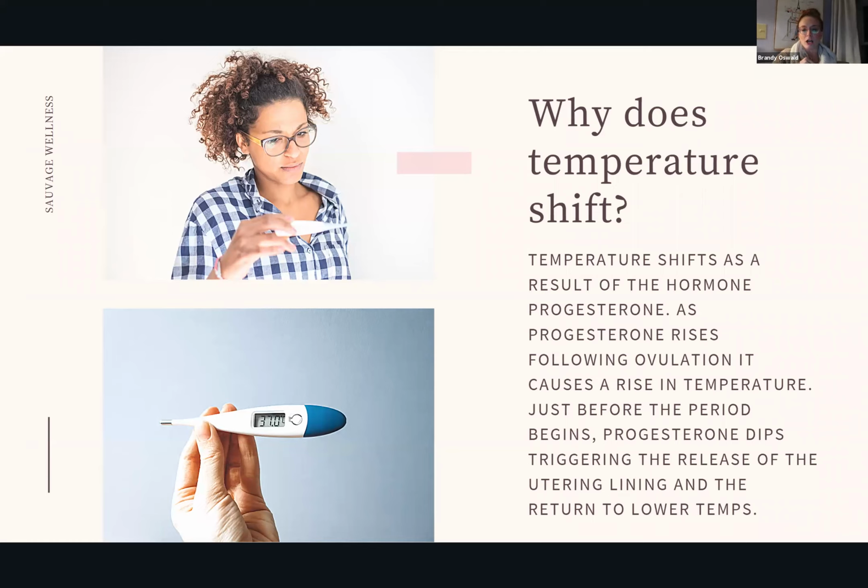And just before your period begins, progesterone starts to dip back down, triggering the release of your uterine lining. And that triggers the return to those lower temps that we see in the beginning of the cycle. We call this biphasic. So your temperature will start down low, and then it will rise up, it will stay up, and it will come back down. So if you lined up all your temperature charts, it would look like this.